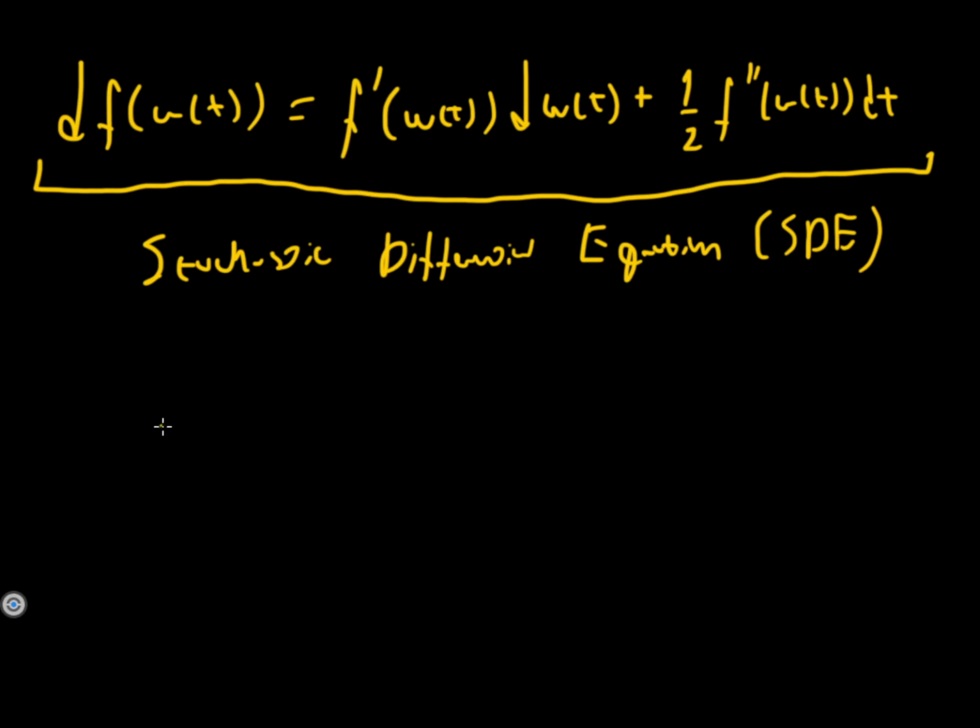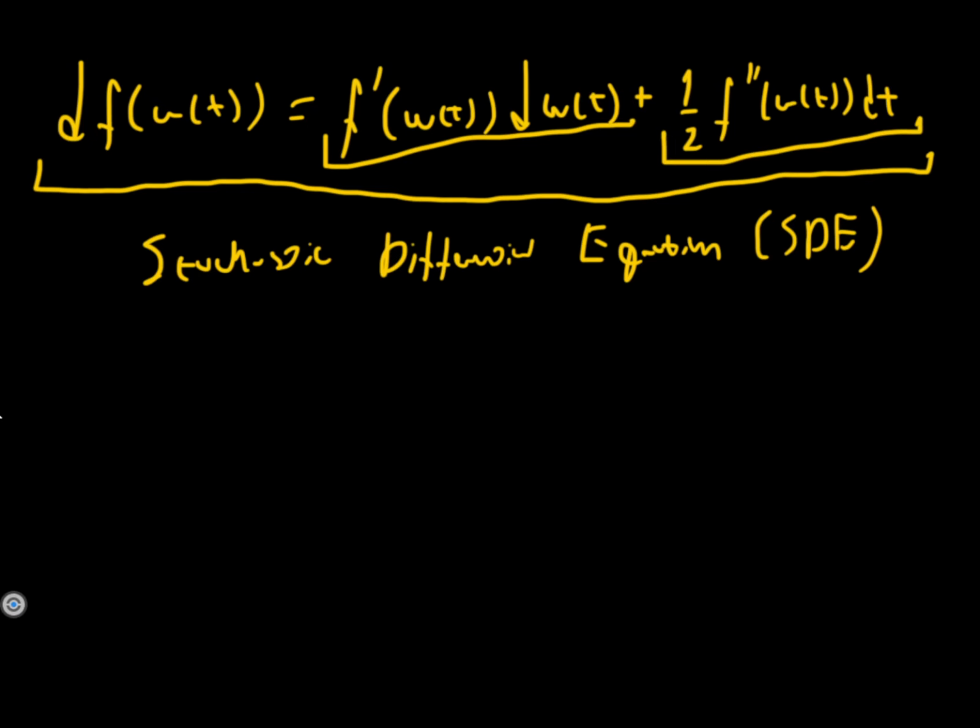So now we'll look at Ito's formula, which is an extended version of this. But before this, let's look at this in terms of integrals. Now this can simply be boiled down to an Ito integral and a normal integral.